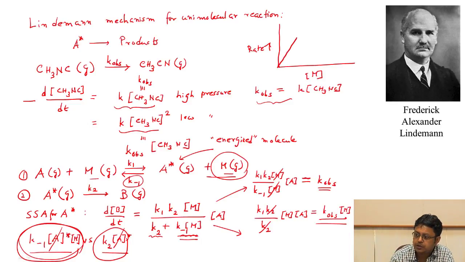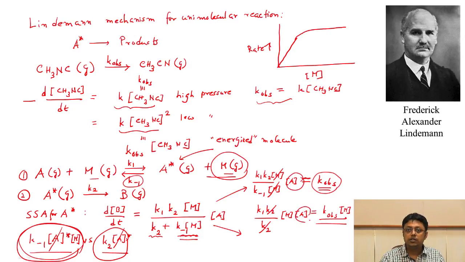But at a high pressure, you will see that it will be kind of constant, where this rate, or the rate constant, is written in terms of observed rate law, where the concentration of A, or the reactant, is already included or absorbed in the K observed. But of course, the value of the K observed will be different. But from this slope, actually, you can easily calculate what is this composite rate constant. So that way, you can actually describe the variation of the unimolecular rate versus pressure.